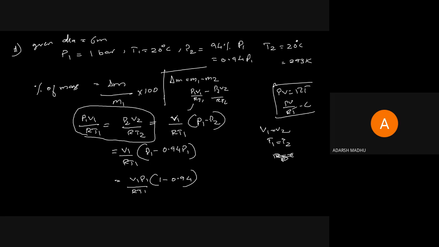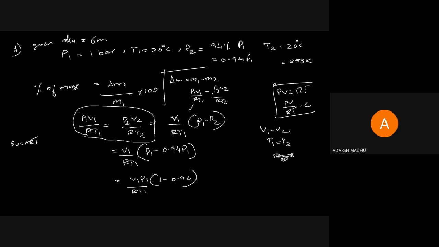That is how it came. Okay, understood? Delta M is M1 minus M2, initial mass minus final mass. From the equation PV equal to MRT, P1 V1 by RT1 is M1. That is P1 V1 by RT1 minus P2 V2 by RT2.